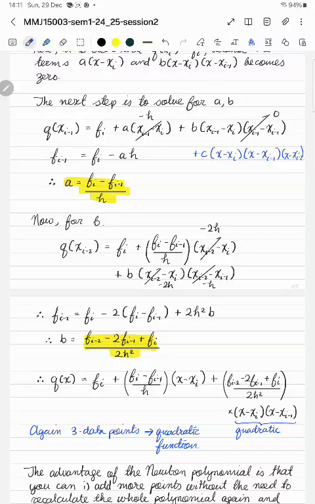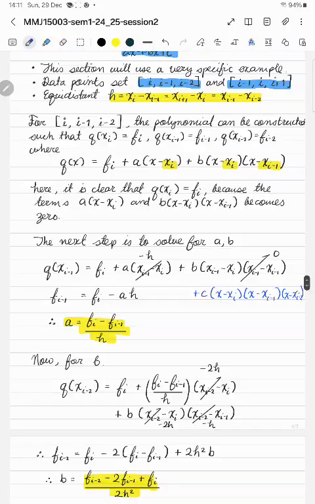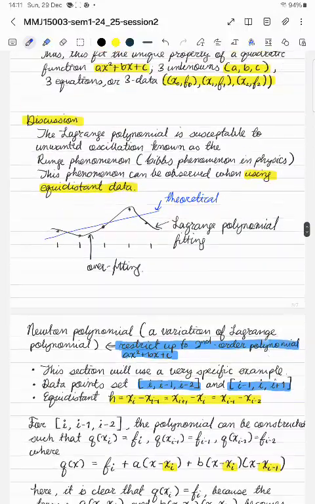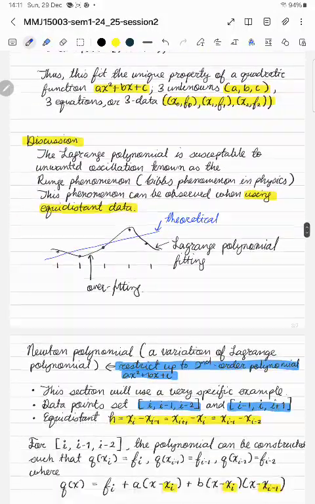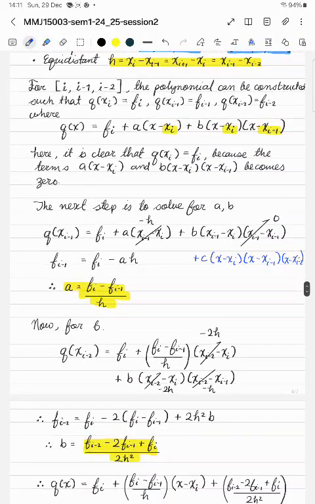If you have another extra point, for this point i minus 1, i minus 2, let's say you have another point i minus 3, you can easily calculate c by just adding up the polynomials here. That's the advantage, and the final form is equivalent to the Lagrange interpolation, except that the algorithm is easier for you to work with.